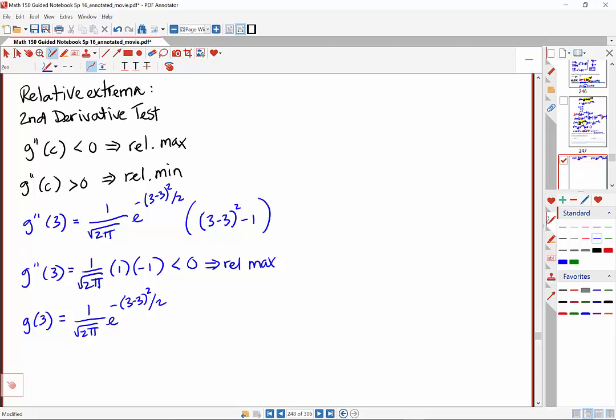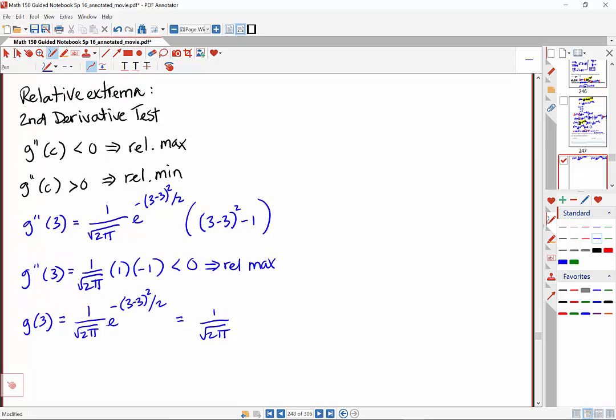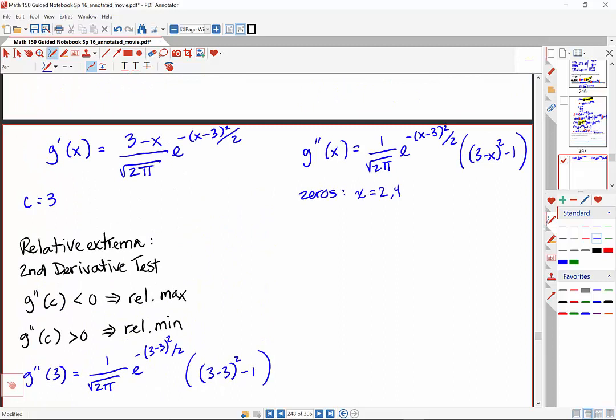That's going to end up being 1 over root 2 pi. Good so far? So, we have an ordered pair at 3 comma 1 over root 2 pi. All right, so we'll put all our conclusions at the end.